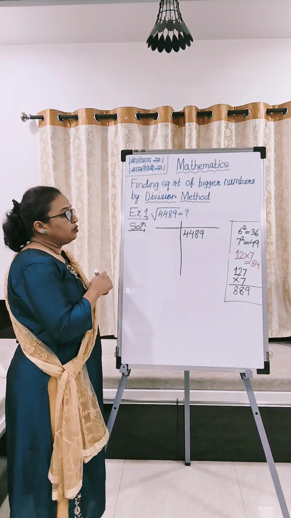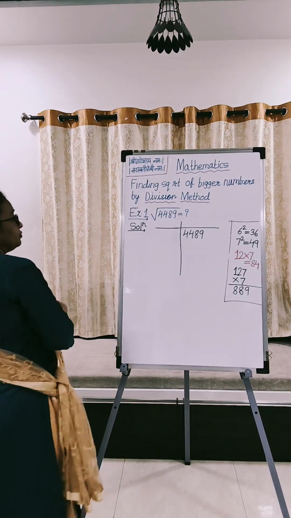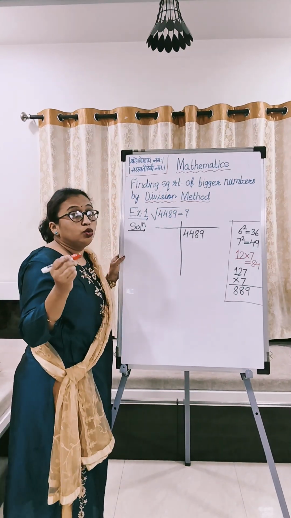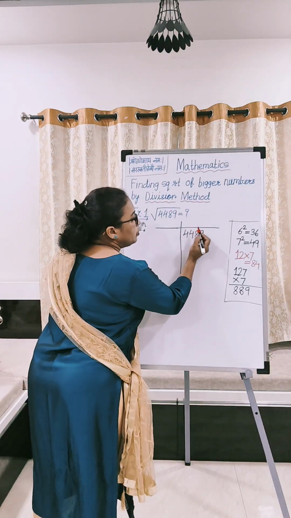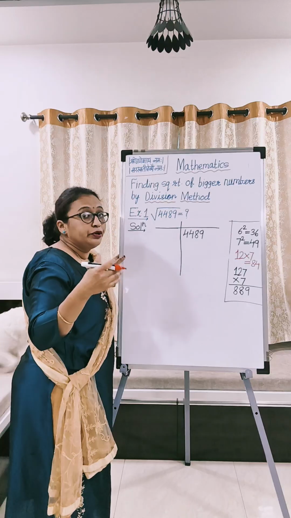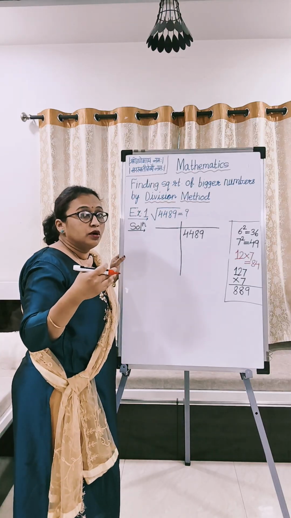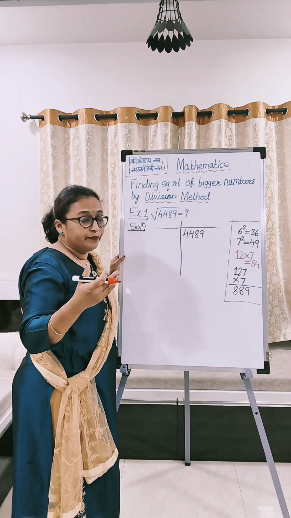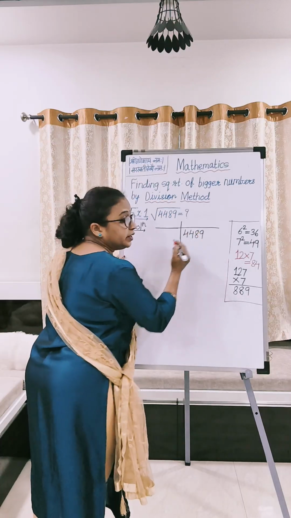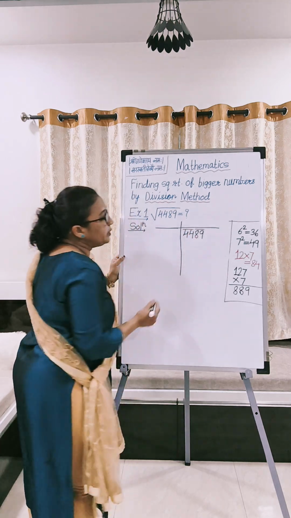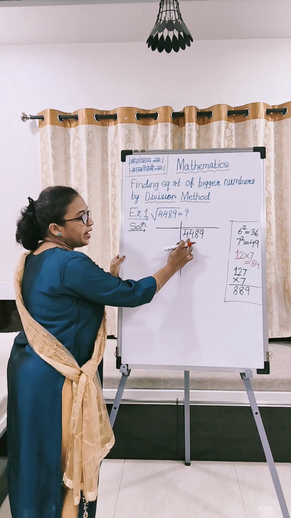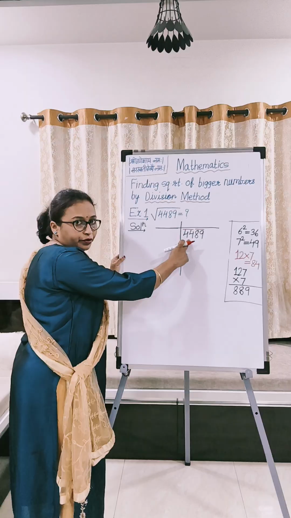Now form groups of two digits from the right side of the number. So there will be one group of 89 and a second group of 44.